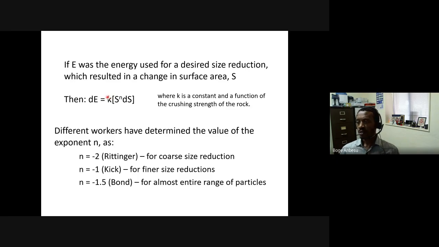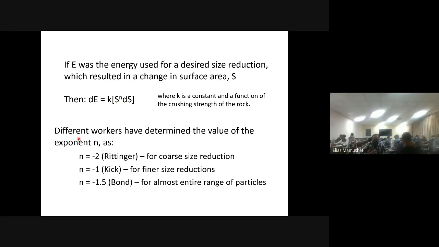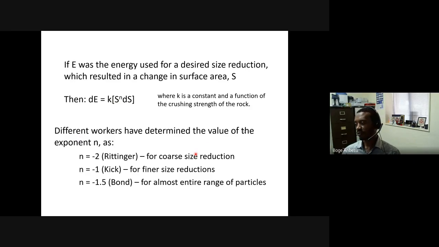Okay, so that's based on this empirical formula. People have tried to develop different models. What we don't know is the relationship between the energy and the surface area. Is it exponential? Is it logarithmic? Is it linear? That is not accurately configured, and that's what people are trying to determine.